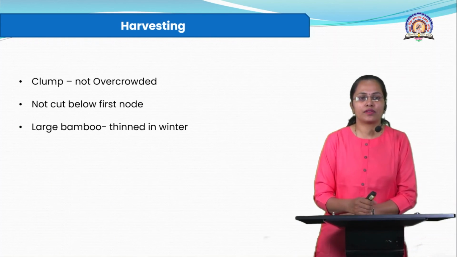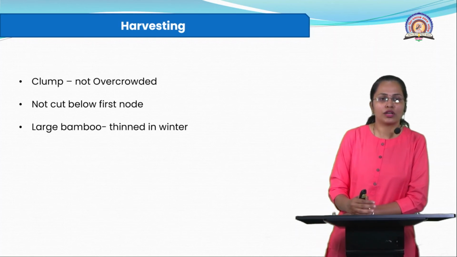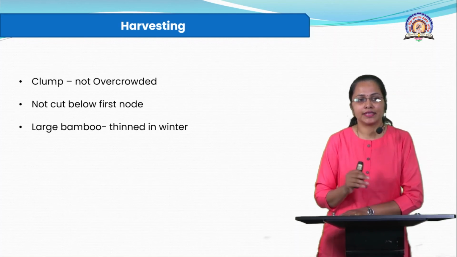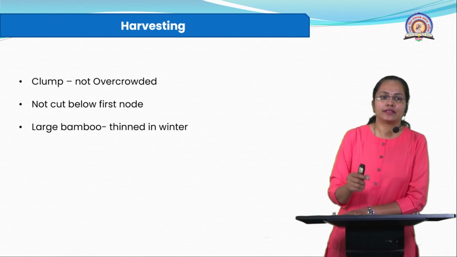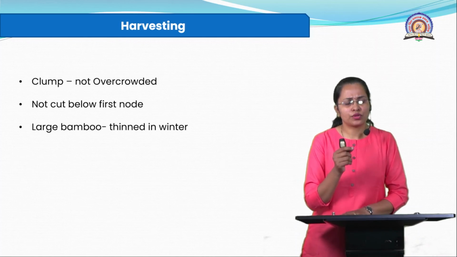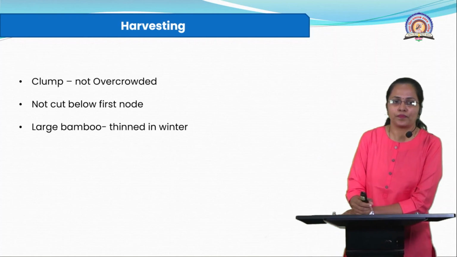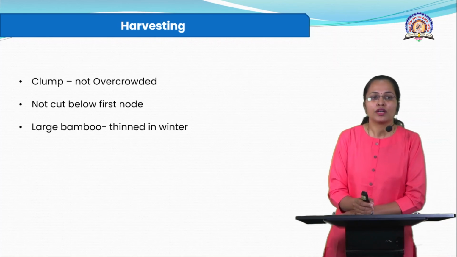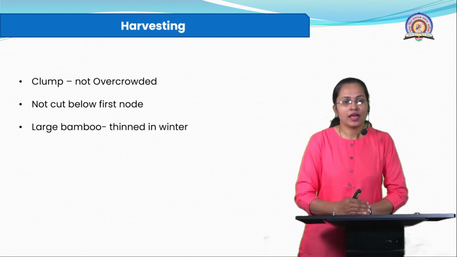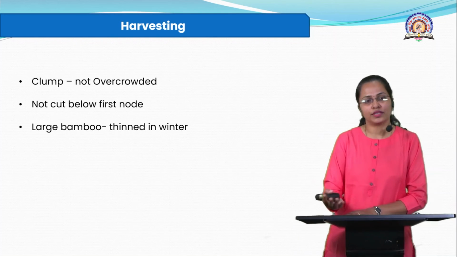At the time of harvesting, the clump should not be overcrowded, or very thin. And we should not cut the clump at the first node. It should be cut below the first node, and then it is harvested and used for further purposes.